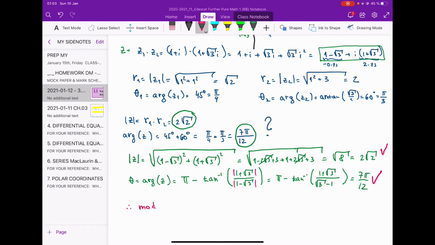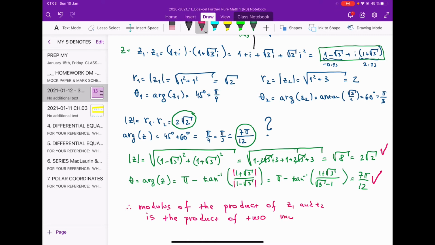The modulus of the product of Z1 and Z2 is the product of the two moduli.